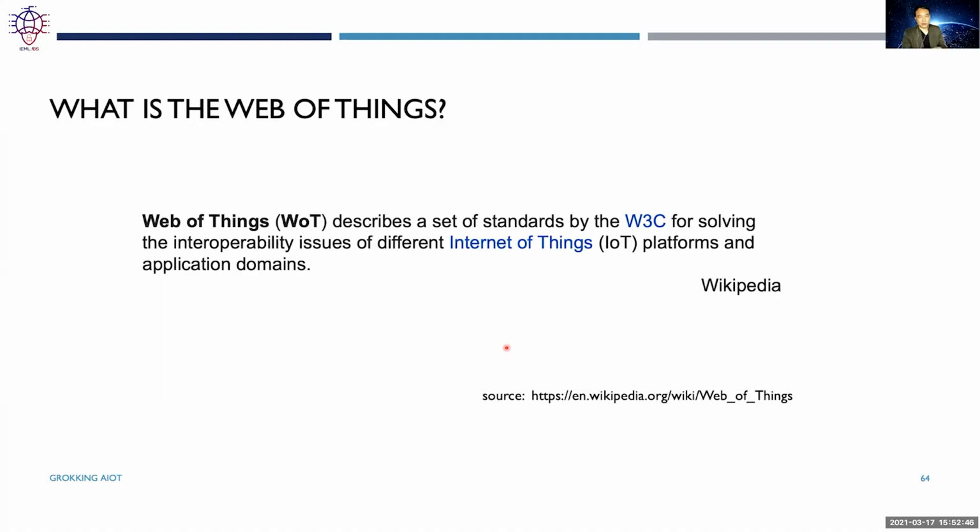So interoperability would be much more enhanced, just like for the World Wide Web: one protocol to rule them all, right? Rather than having many separate kingdoms, one single protocol to rule them all, which is the web-based protocol. So we are going to try to use the standards that have been defined for the web to solve all these interoperability issues for the different Internet of Things platforms and applications.